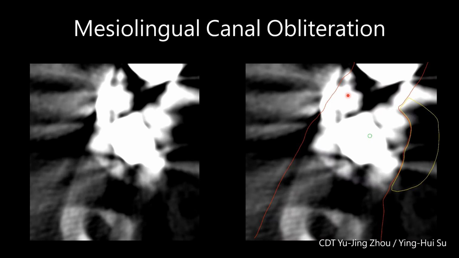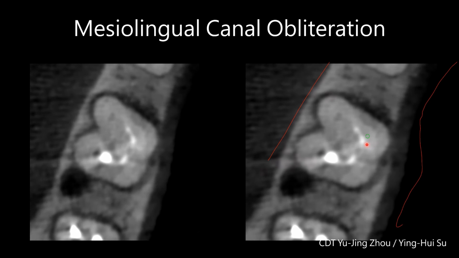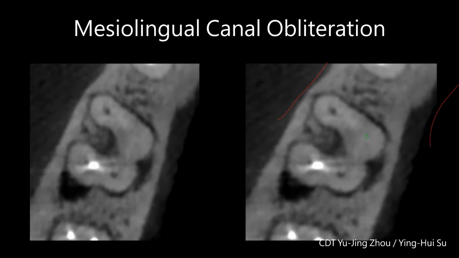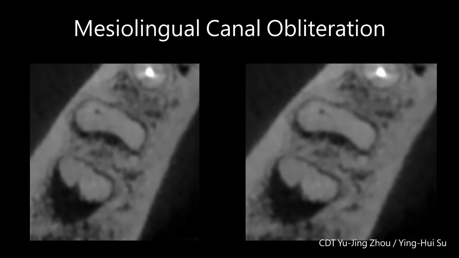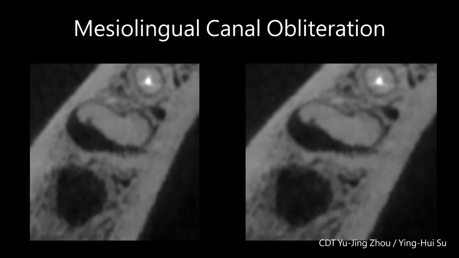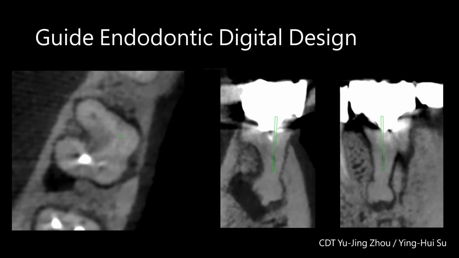So we took a CBCT, we did the digital design, and here the yellow line is the surgical plate, the guide plate, and the green point here is the drill path that I designed to drill past the calcification into the mesiolingual root canal.